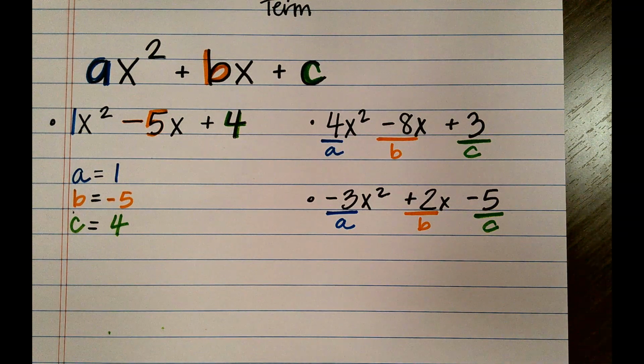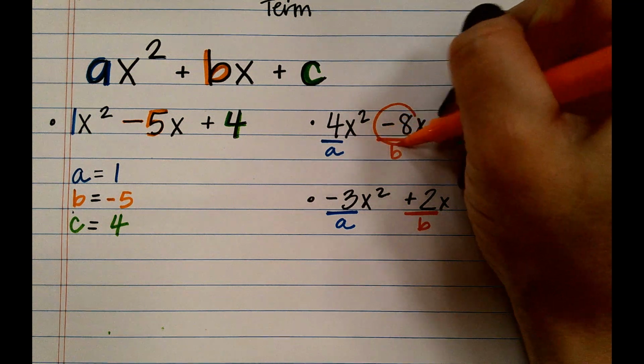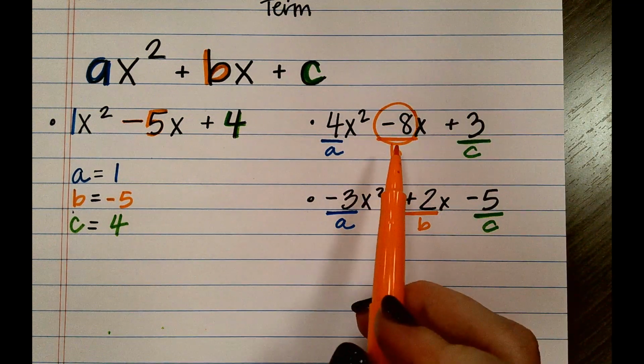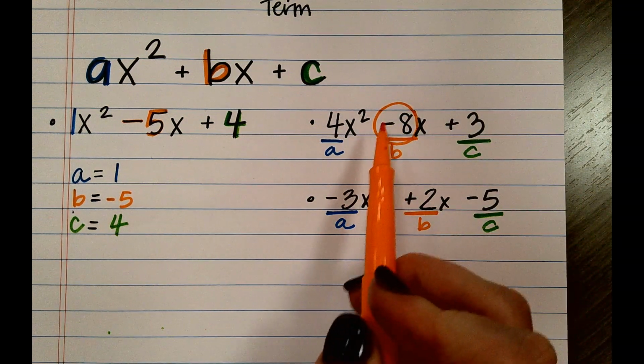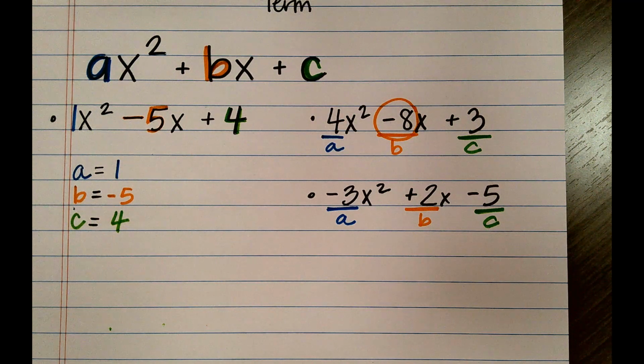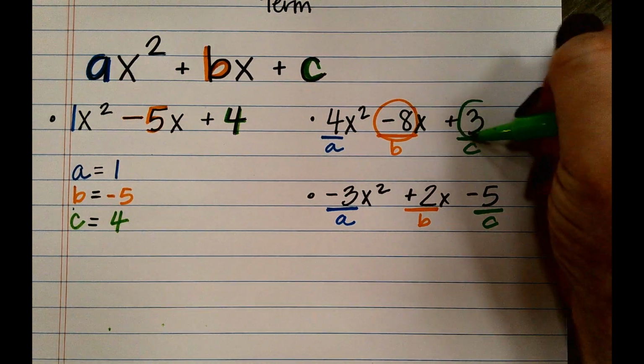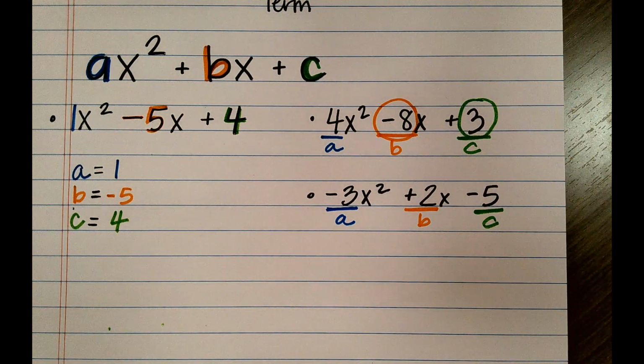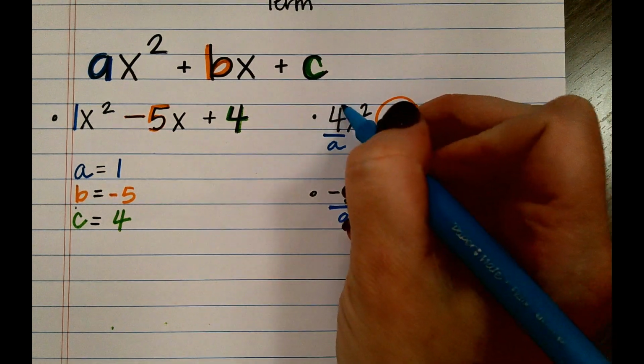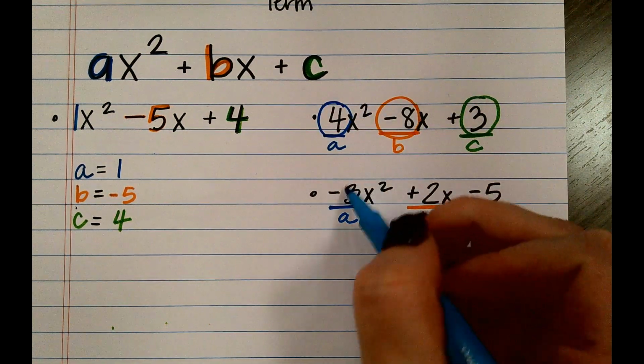Maybe write the numbers out separately. Or maybe do something like circle it. If that helps to not forget that negative, do that.